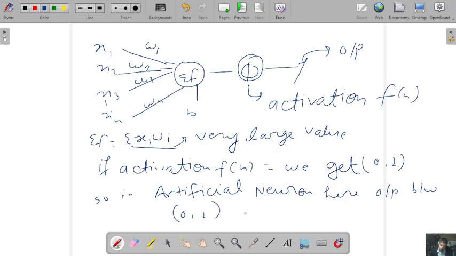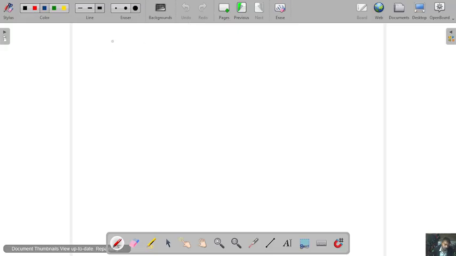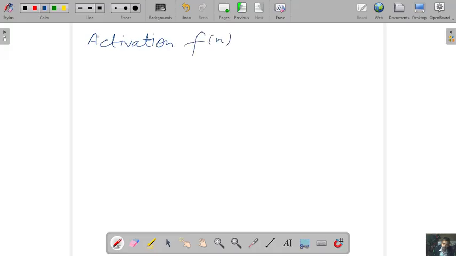Okay, so here different types of activation function. First is step function.